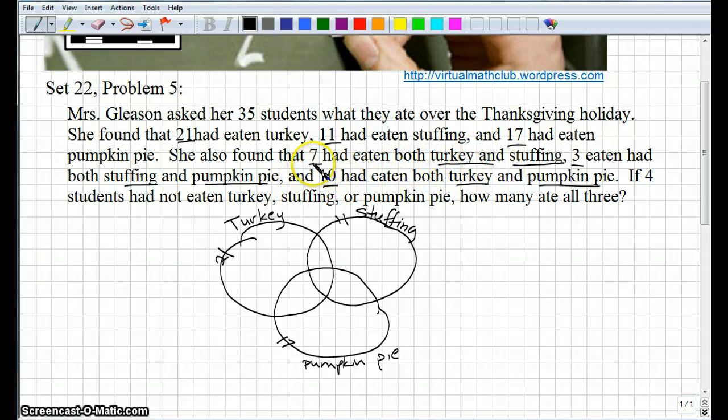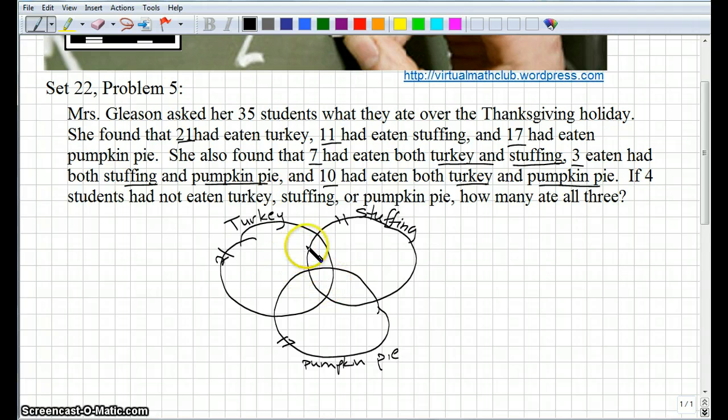And then we have some that have eaten both turkey and stuffing. Turkey and stuffing is represented by this football shape here. But you have to remember that it also includes the kids who ate turkey and stuffing and pumpkin pie. So again, I'm going to write it on the line to remind myself that that's the whole set of kids who ate turkey and stuffing, and it also includes the kids who ate pumpkin pie as well.